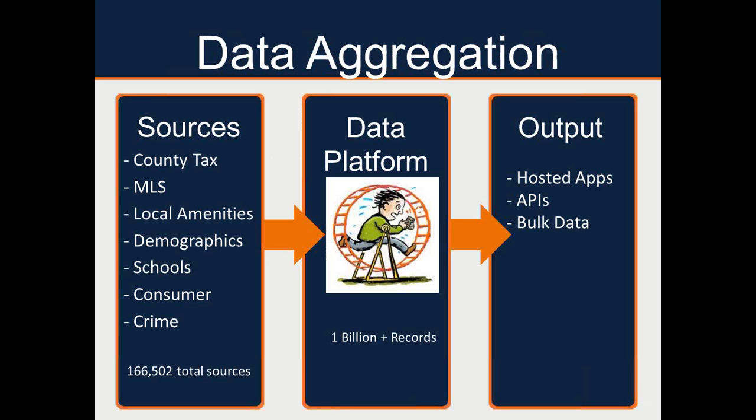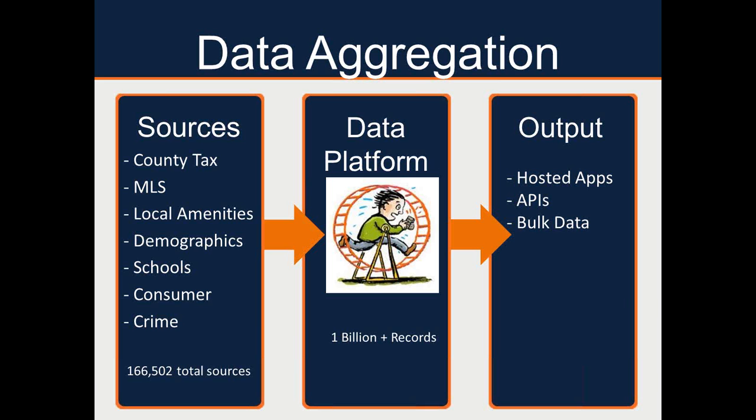So what is data aggregation? Essentially what Onboard does is we go out and we gather a lot of different disparate data sources. And you'll see over here on the left-hand side, I've gone ahead and listed some of those. We go out and collect county tax information from all the counties nationwide. We have MLS information, which we'll be talking about today. We have local amenities, things like businesses and city government, all of that.